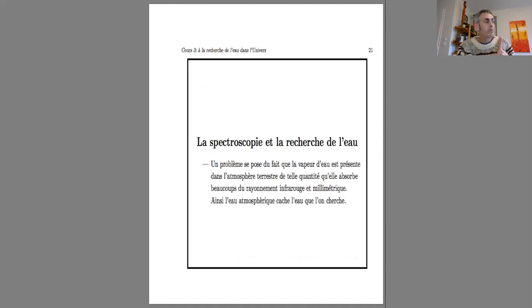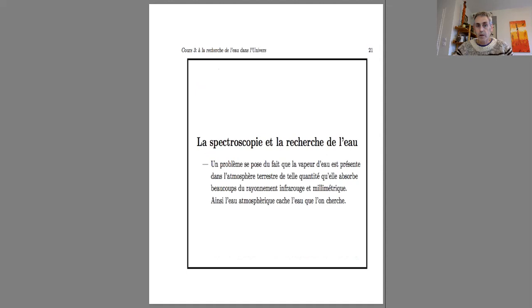But there's a problem. There's a problem that held up astronomy and astrophysics for a long time that wasn't really addressed until the 1990s, so almost 30 years ago now.